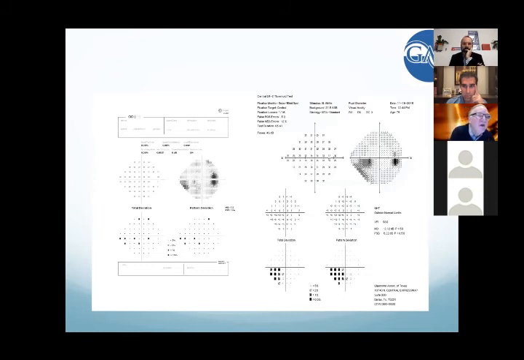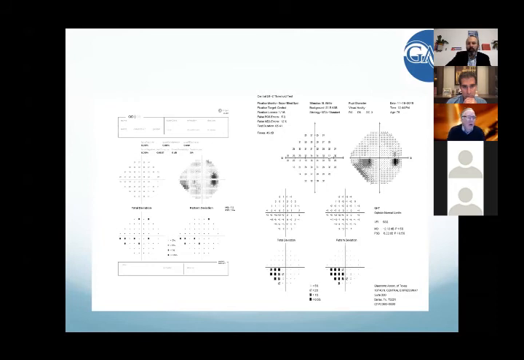And this is a 24-degree field, correct, Alberto? Correct. So the thing I like about it is nasally, it tests an extra spot on the nasal meridian. It tests 5 locations that you see, and it goes out to that 5th one, which is a critical area because you can see in this particular patient, it picked up a loss.